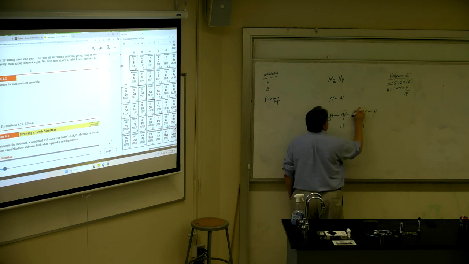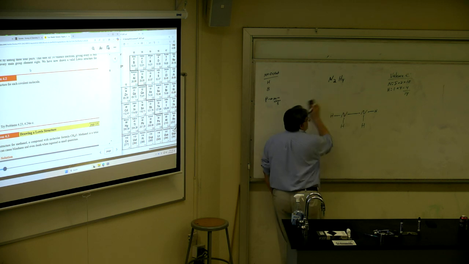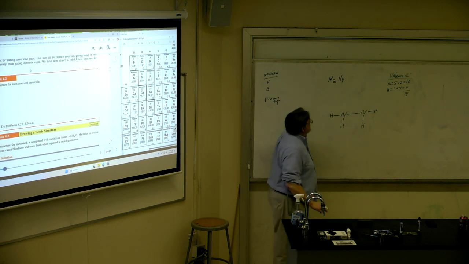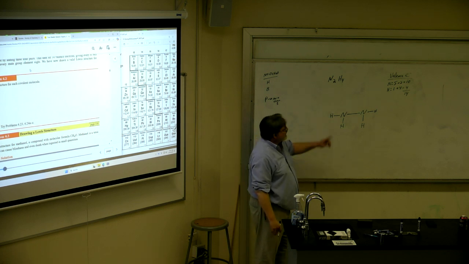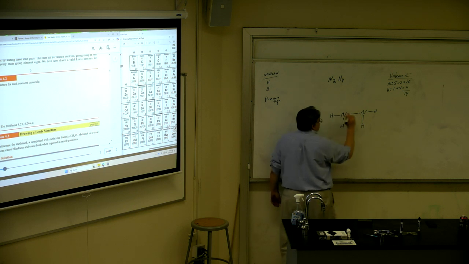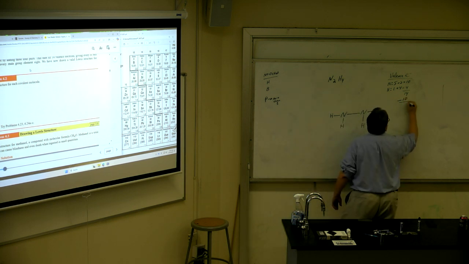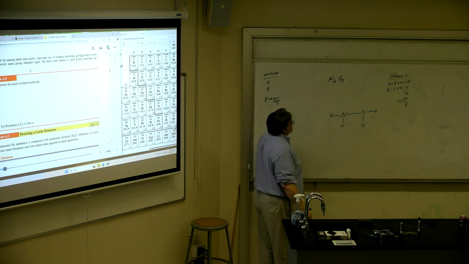I'm going to erase these just so I can do this the formal way. So that's the backbone for this formula. You with me? 14 electrons to put in there. 2, 4, 6, 8, 10. Hydrogens, 2 of those. Yeah, that's right. Okay.